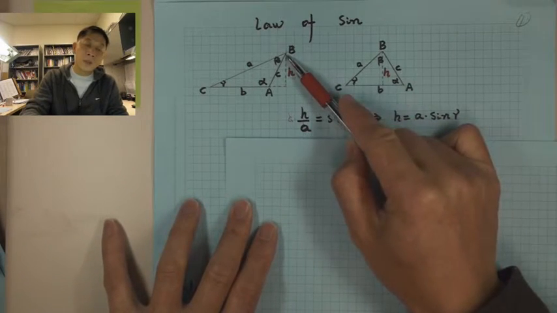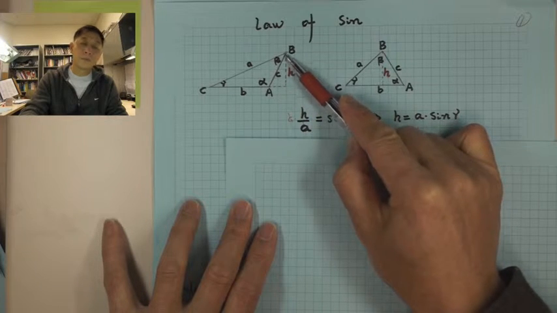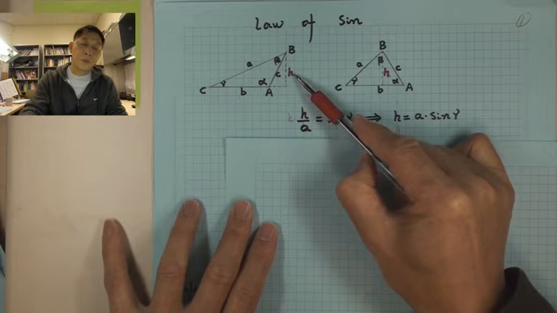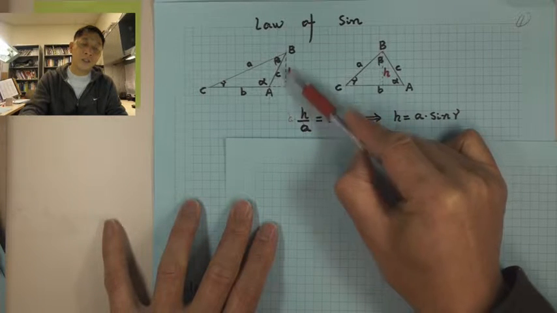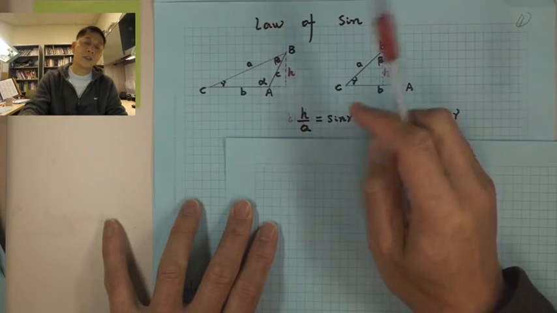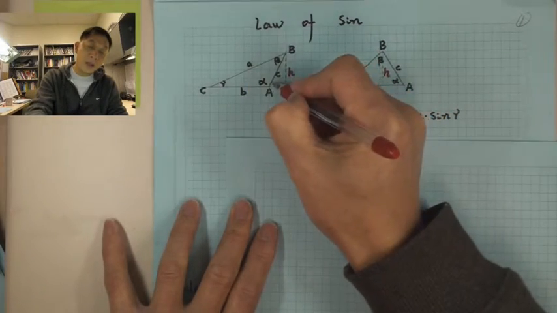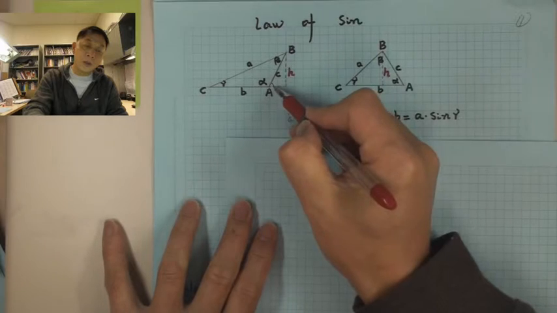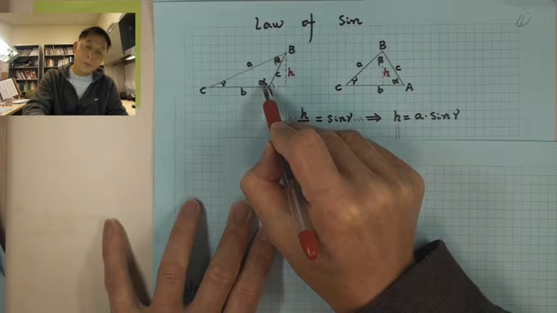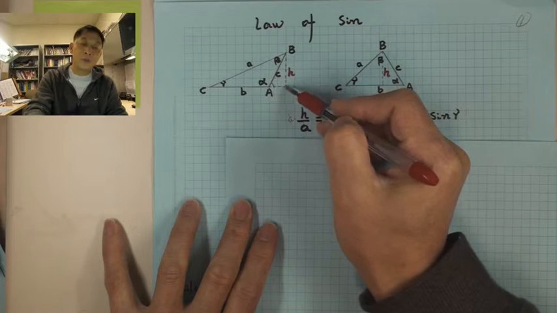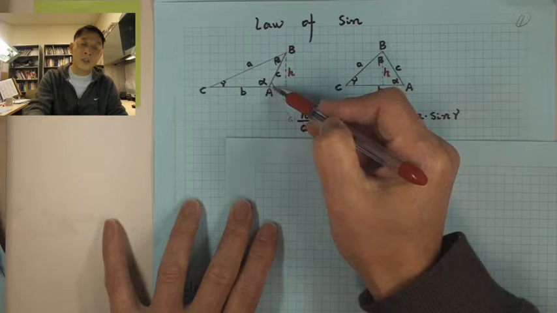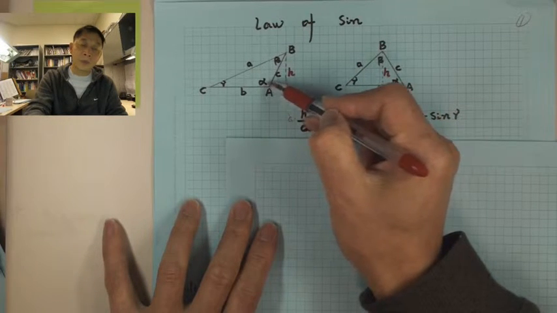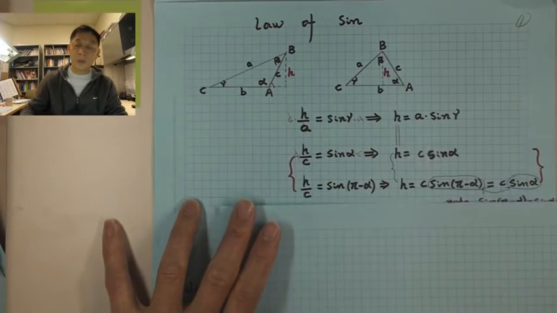But how about if you look at this triangle, B, A, and this vertex, then H over C, C is the hypotenuse, will be sine of this angle. But this angle is 180 degrees minus alpha. So H over C is sine pi minus alpha, or 180 degrees minus alpha.